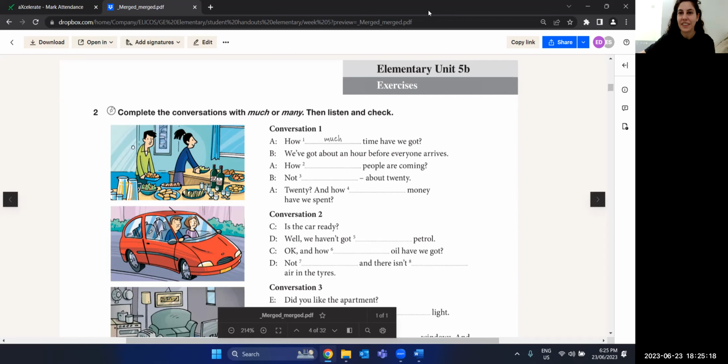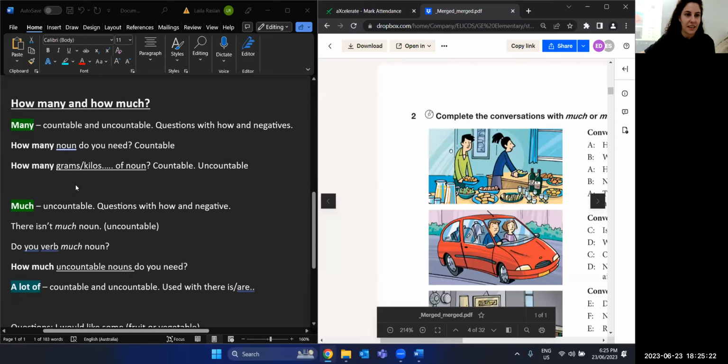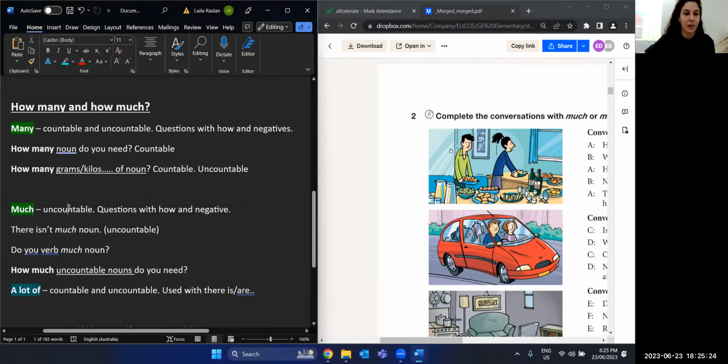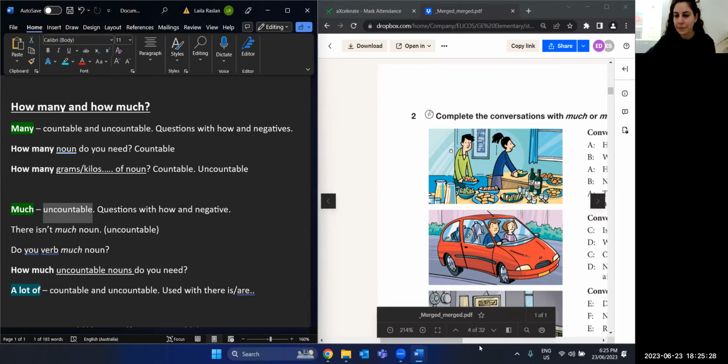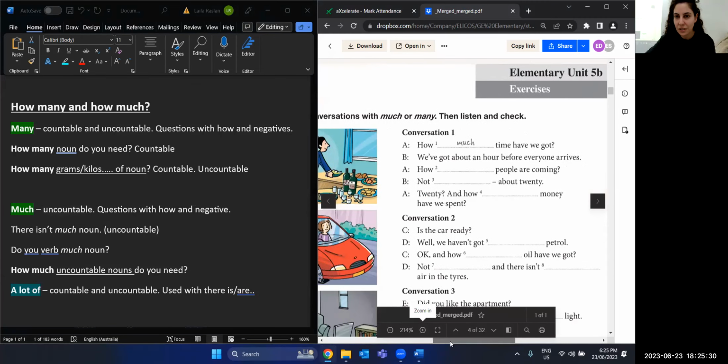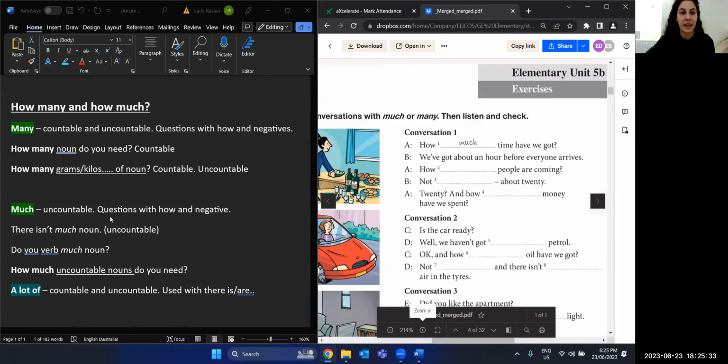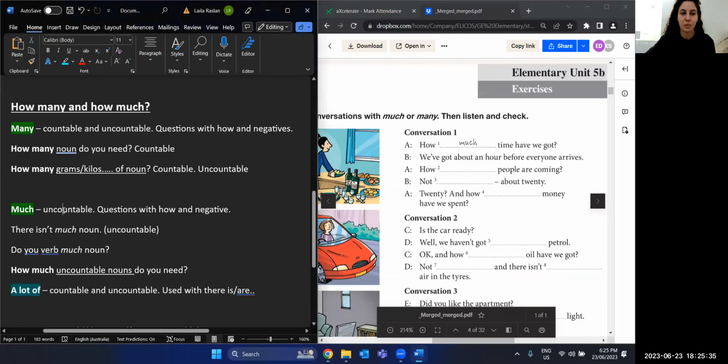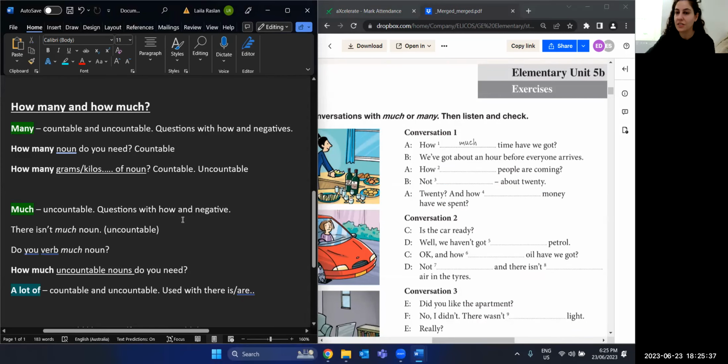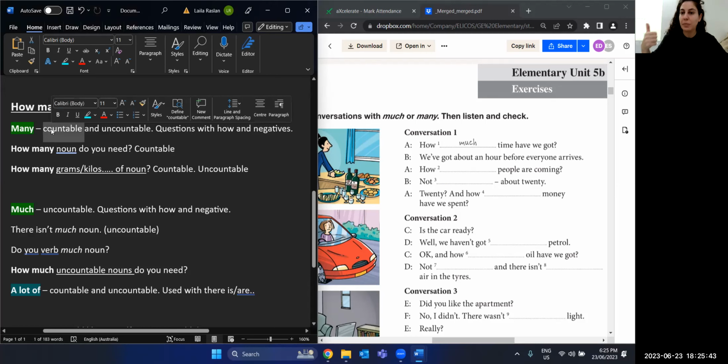How much money? Let's look at our rules. It's easier when I show you this. We use much, the only one with uncountable. How much time have we got, with questions? We've got about an hour before everyone arrives. People is countable because we say 1 people, 2 people, there are 3 people. So how many people are coming?